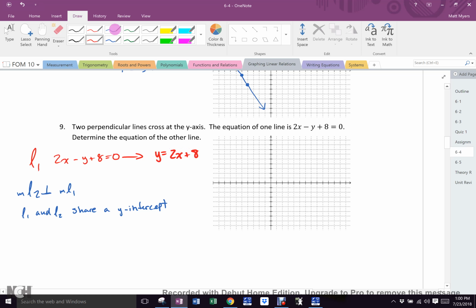Now, I want the line 2 equation in point-slope form. Point-slope form, we remember, is y minus y1 equals m(x minus x1). And the y and the x are the point that I know.